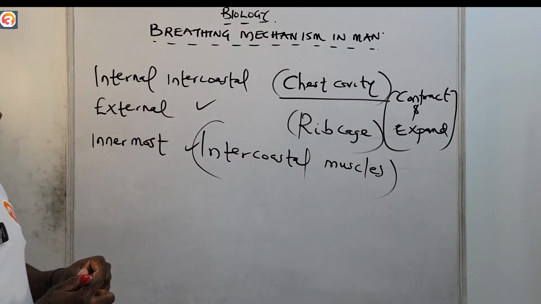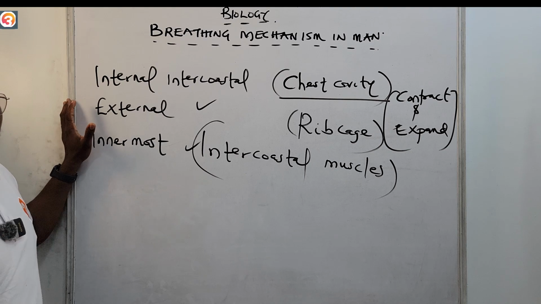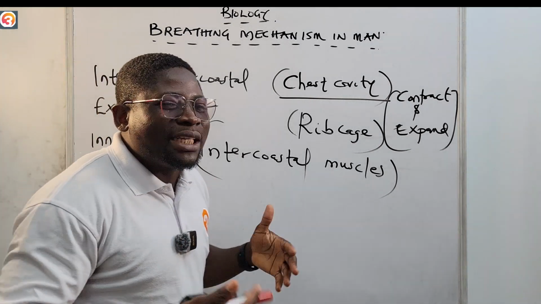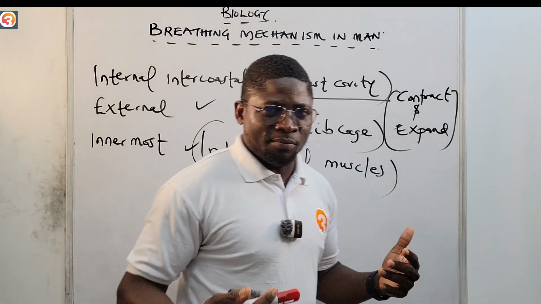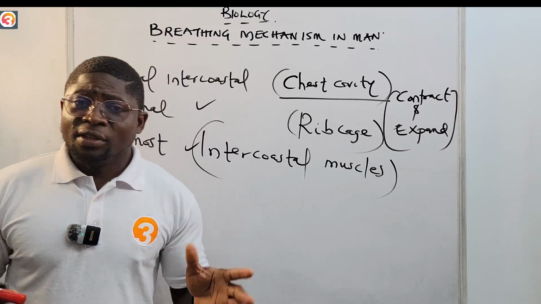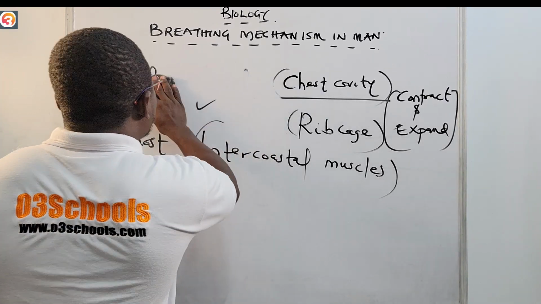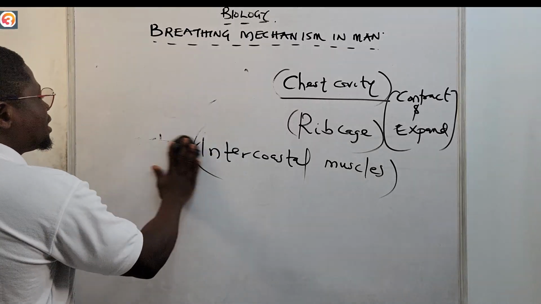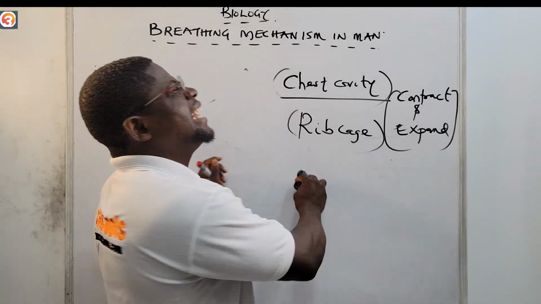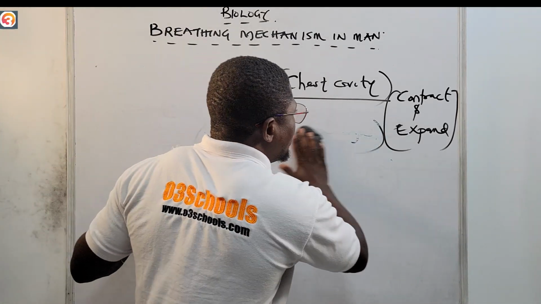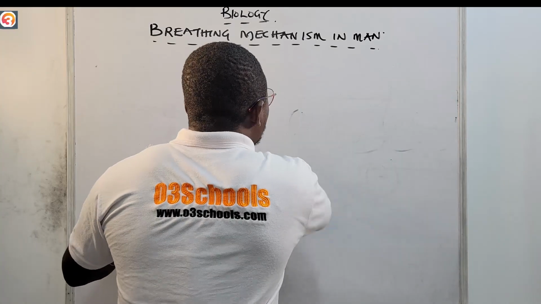That is the major function of the intercostal muscles. We're going to look at each of them one after the other. So let us look at the external intercostal muscle. What does the external intercostal muscle do?